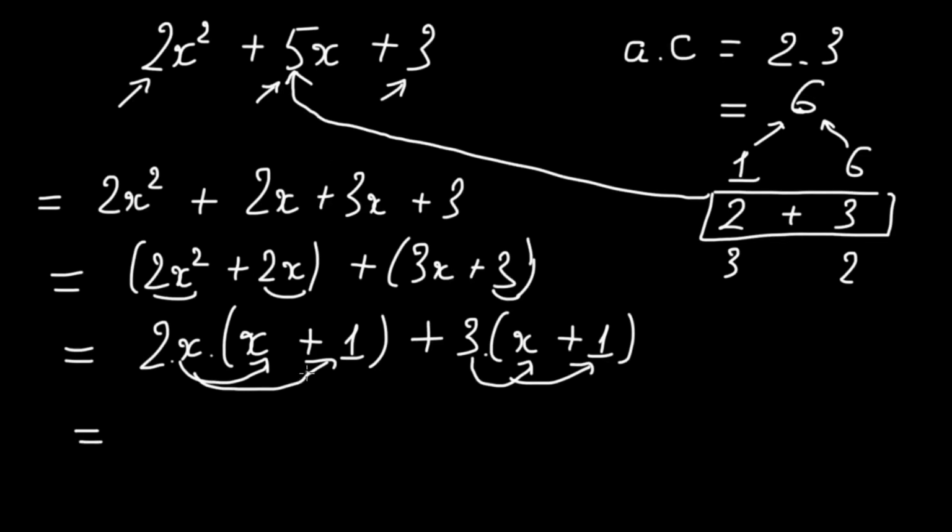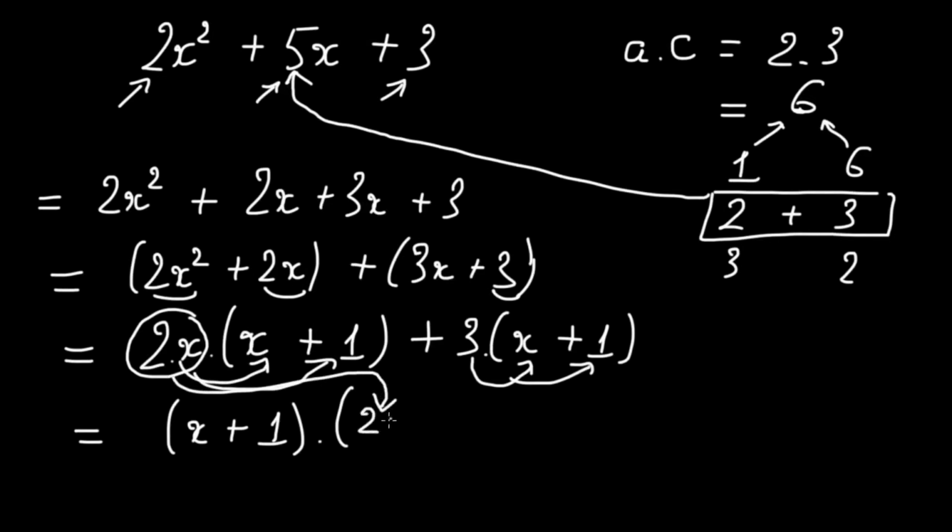Then right here you see x plus 1 is a common factor. You can put it outside, like x plus 1 right here. Inside the parentheses you put the term right before the x plus 1, so 2x, and then positive 3, the term right before the parenthesis of x plus 1 here.